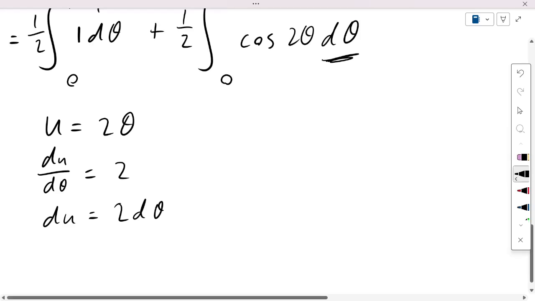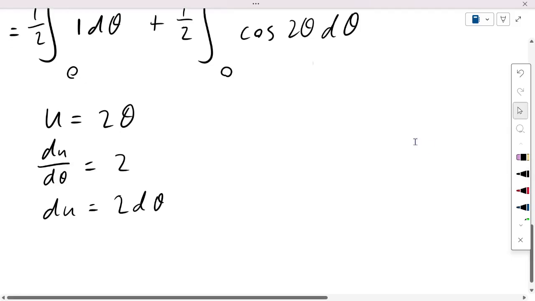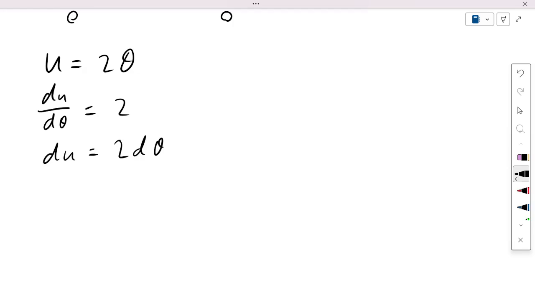So in order for us to do that, we need to divide both sides by 2, or you can multiply both sides by a half, and then you'll get d theta is equal to a half du.